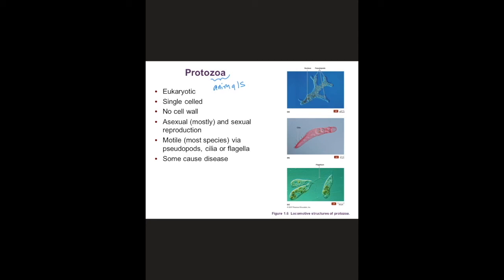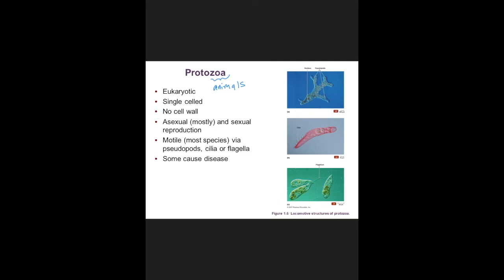I always think prototype. So in this case, I think proto-animals. And these are like animals, like true animals. These are eukaryotic organisms, but they're single-celled, not multicellular like us. And you can see some examples that you maybe have seen before, amoeba or some type of ciliate or a flagellate here. And as with animals, they do not have cell walls.